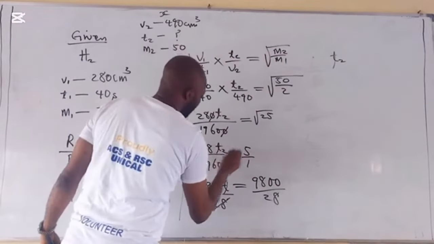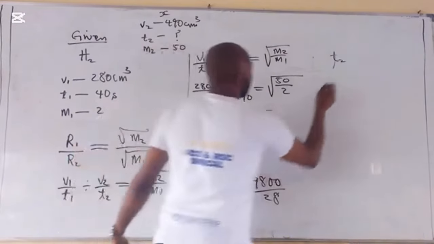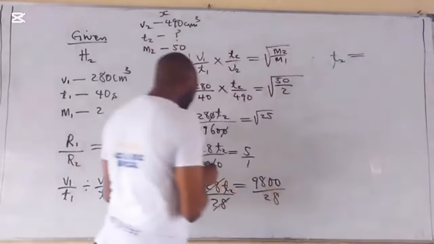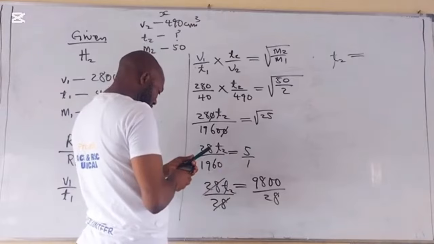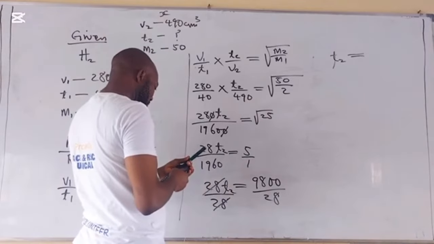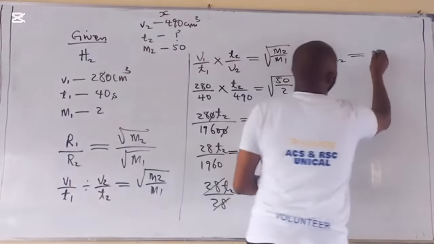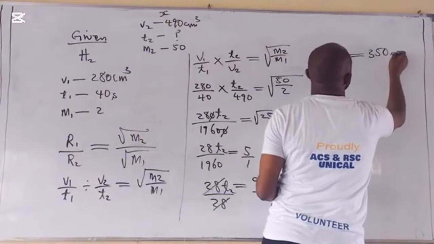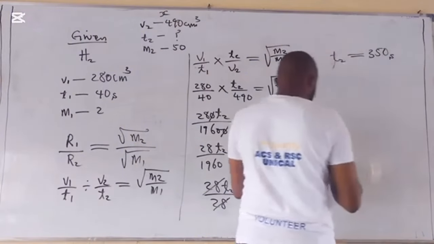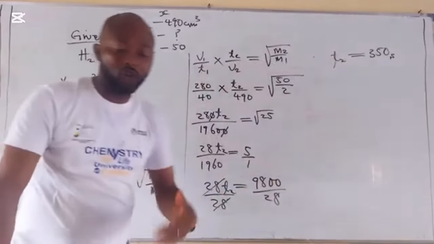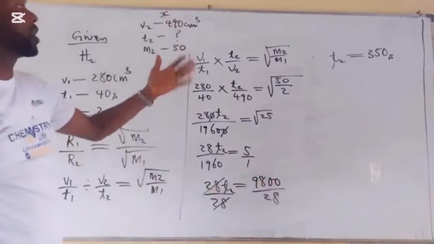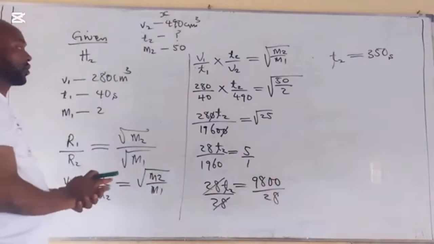My T2 will be 9,800 divided by 28, and that will give me 350 seconds. From the question they say how long will it take? So it takes 350 seconds to achieve that.